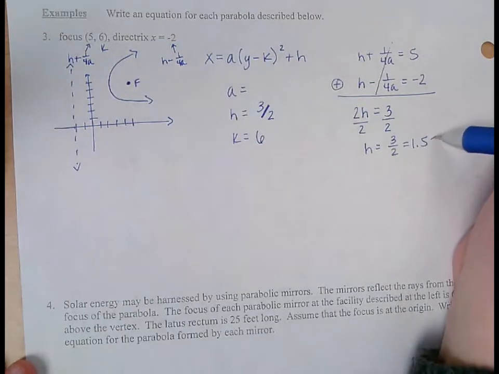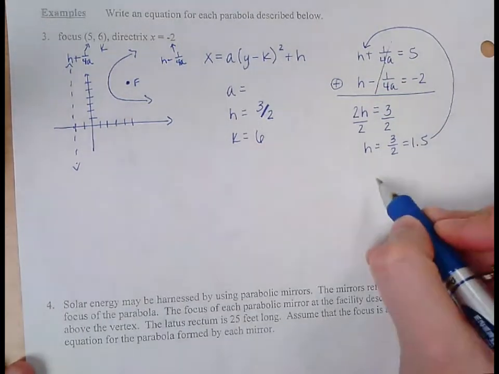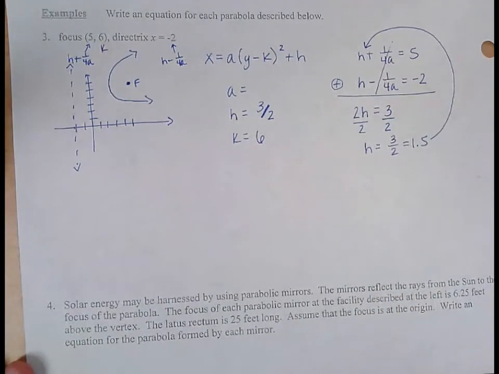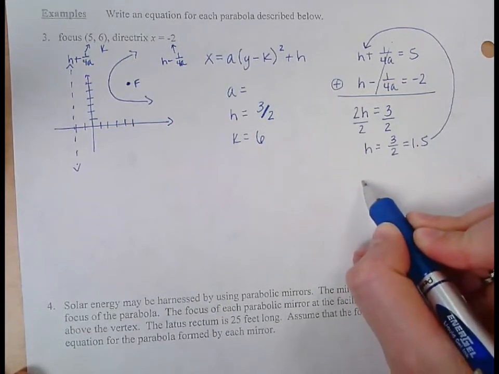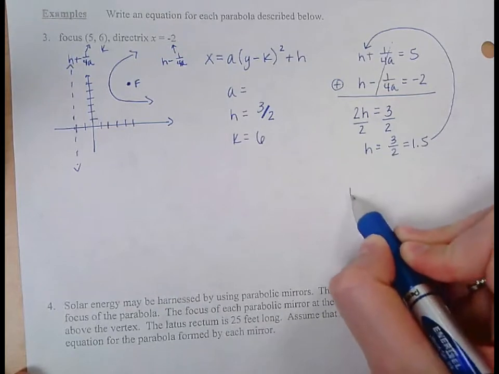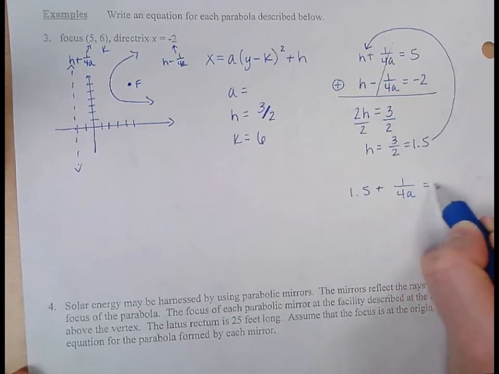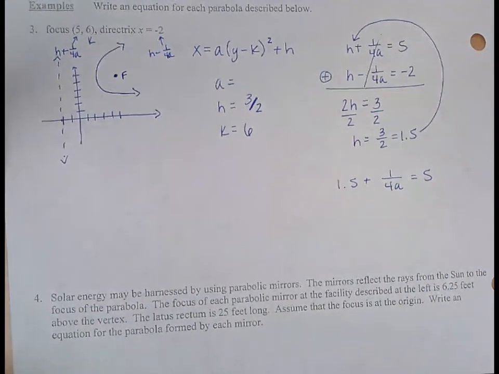So I'm going to substitute this back in up here. So substituting it back in, working with the decimal might be a little bit easier, but it doesn't really matter. So I have 1.5 plus 1 over 4a equals 5. And then I would solve this for a like we were doing in the previous two examples.